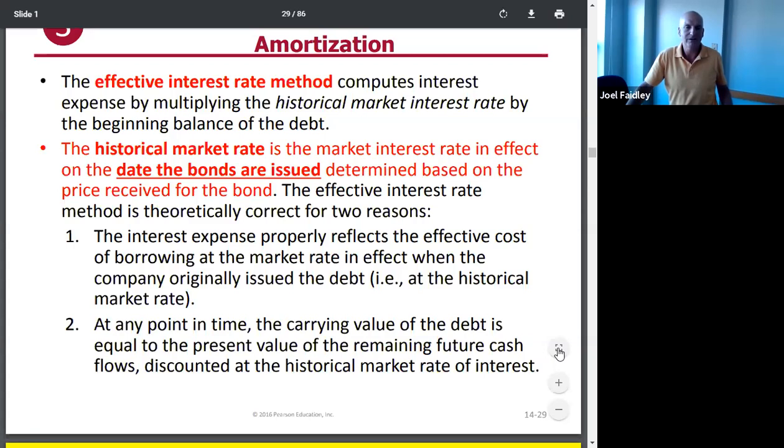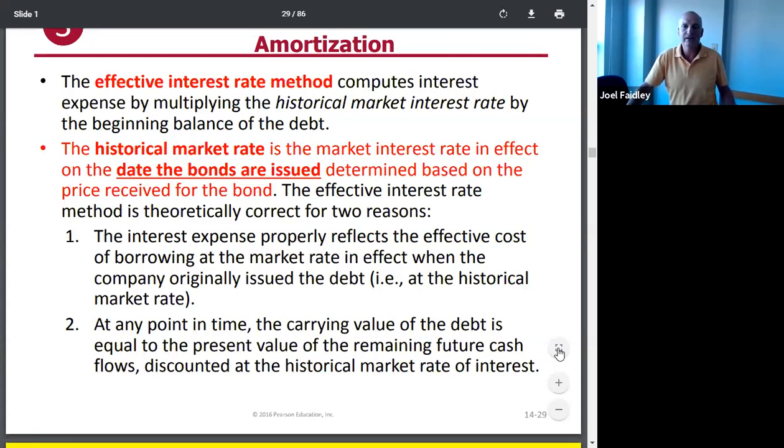Sometimes people get a mental block on that. But remember, I'm calculating my interest payment, my cash payment to my bondholders, based on the stated rate of interest times the face value or maturity value of my bonds. And the difference between the initial cash that I get and the bond payable that goes on my books, always, the bond payable is at face value.